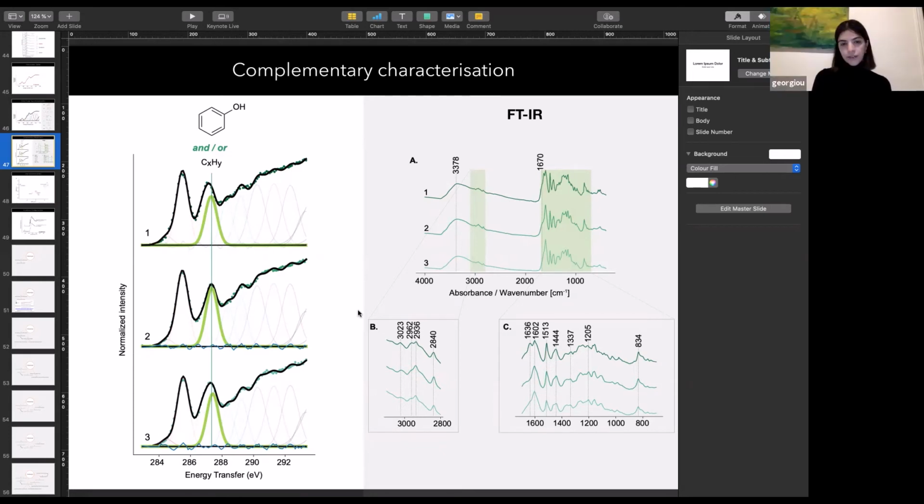Well, for me, what I found useful is that for assignment of XRS features that I was not really confident about, for example, is this one a phenol or is it an aliphatic?